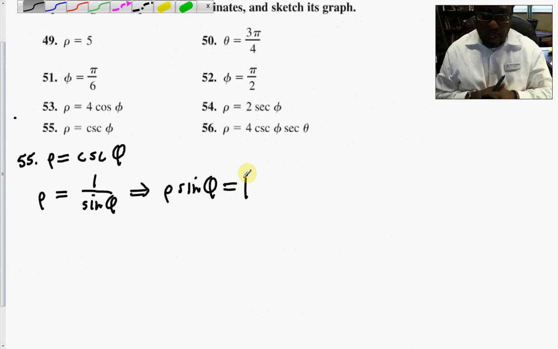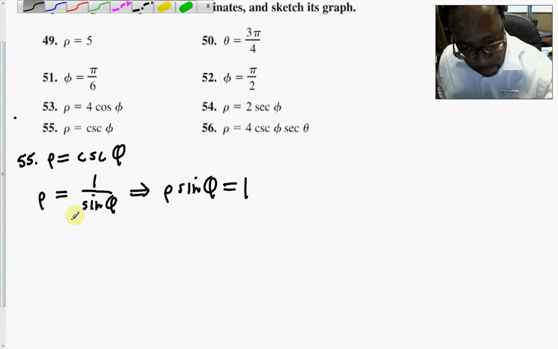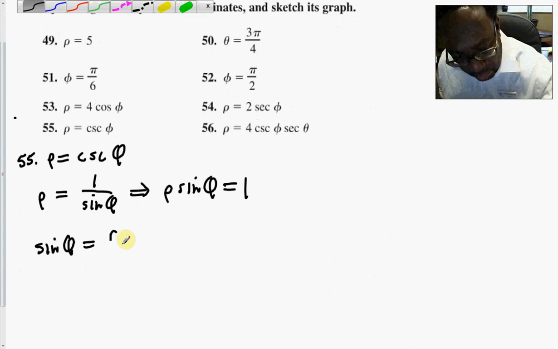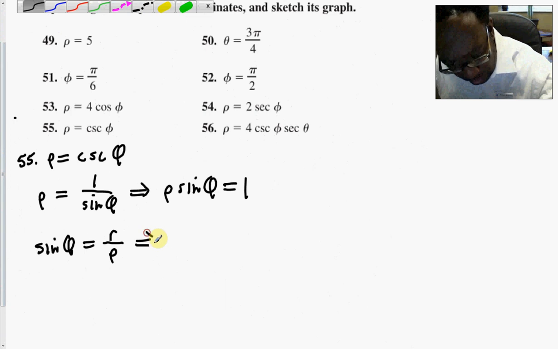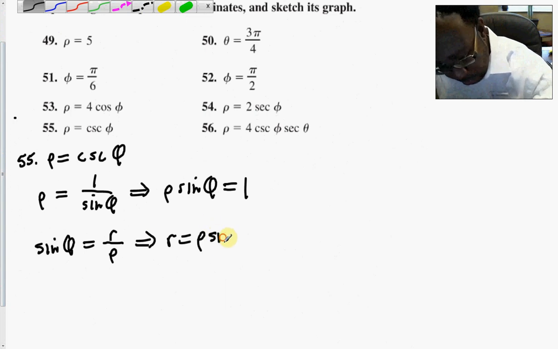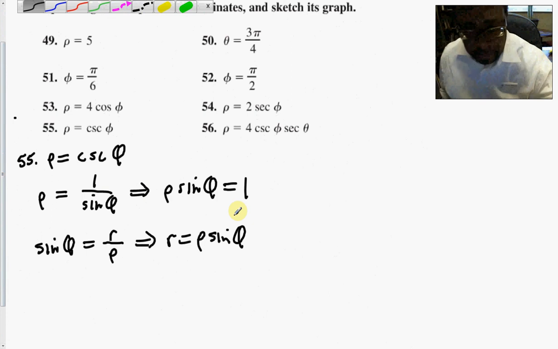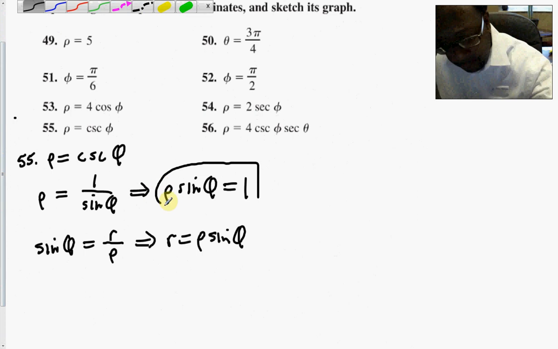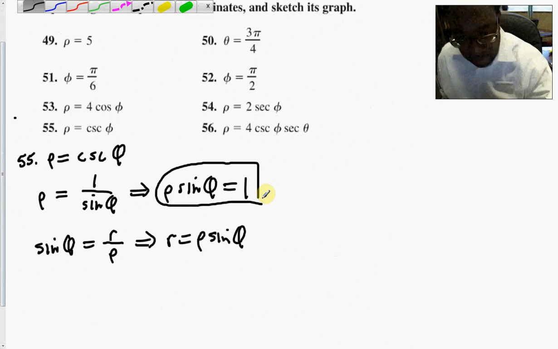But what is rho times sine phi? Well, if you recall, we have sine phi is equal to r divided by rho. So that implies that r is equal to rho sine phi. So if that be the case, then all we're saying here is that r is equal to 1.